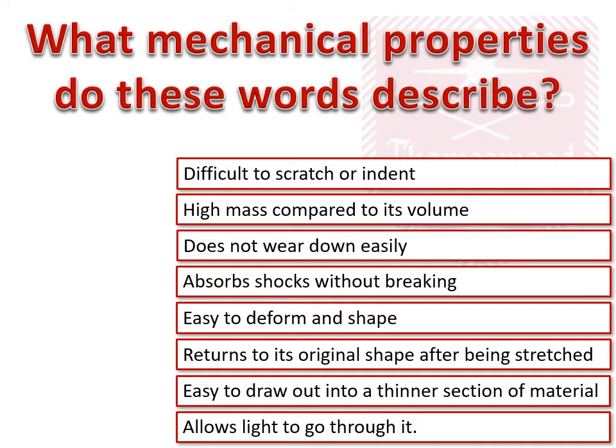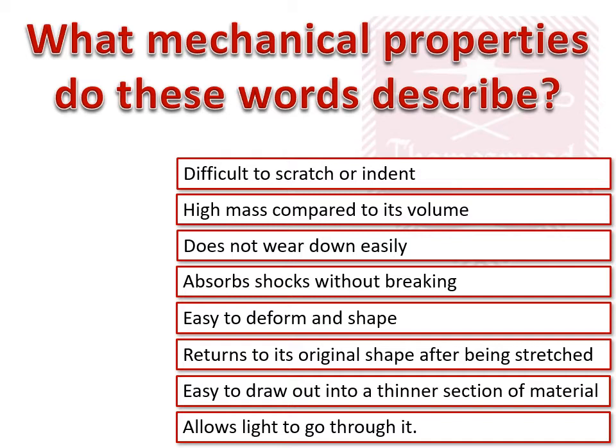Now that we looked at analyzing a product based on the properties that the material needs to have to be a successful product for that particular type of situation that you're using it in, we're now going to look at the actual key terminology, the key words that we use to describe the mechanical properties of those materials.